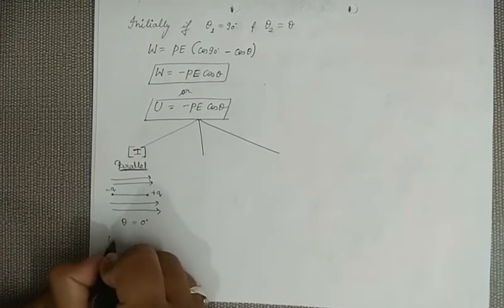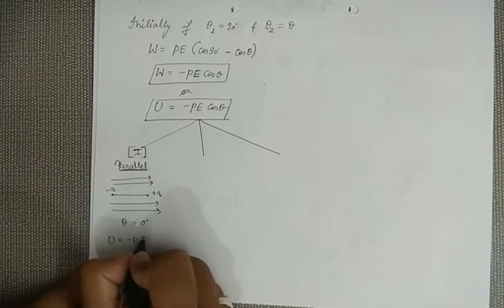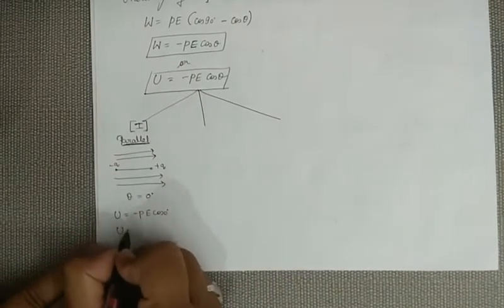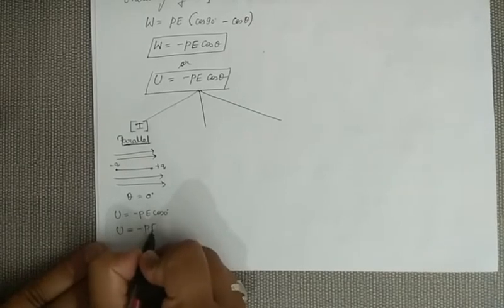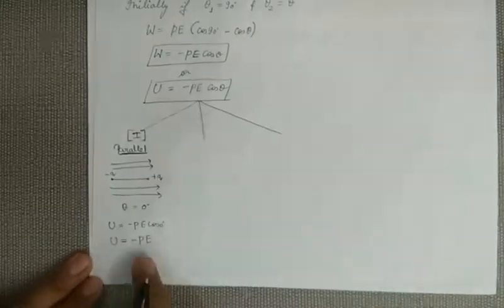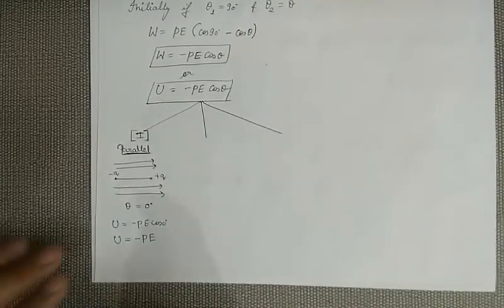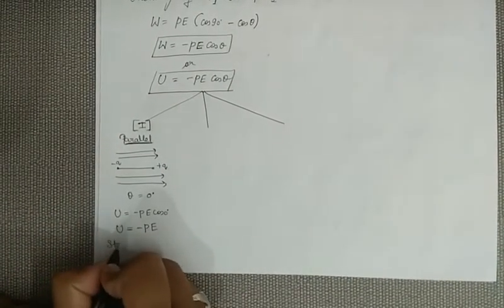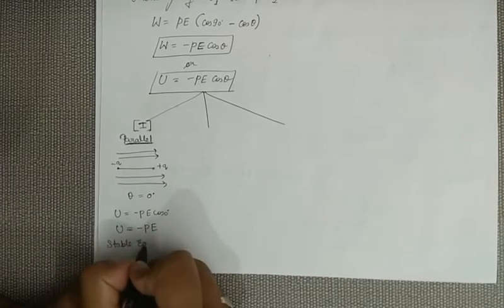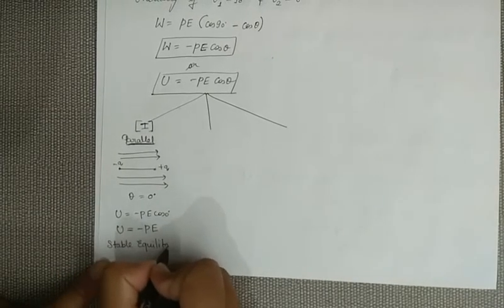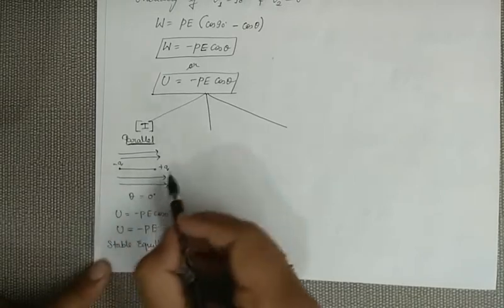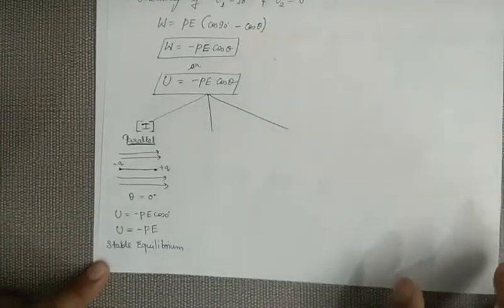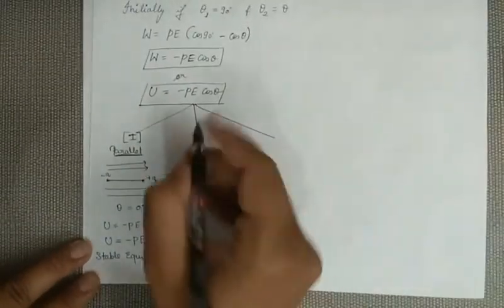In that case our energy will be minus pE cos 0. Cos 0 is 1, so your energy U equals minus pE. So here the energy is negative. This configuration is termed as stable equilibrium. You have to remember this. Many times the question has been asked, the dipole is placed in stable equilibrium. Stable equilibrium means your theta is 0 degrees because it is placed parallel.